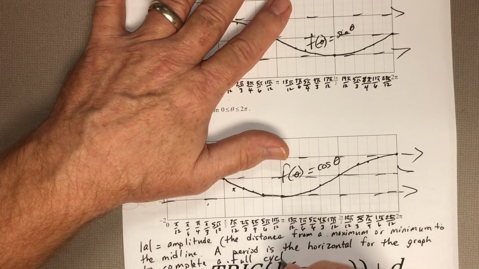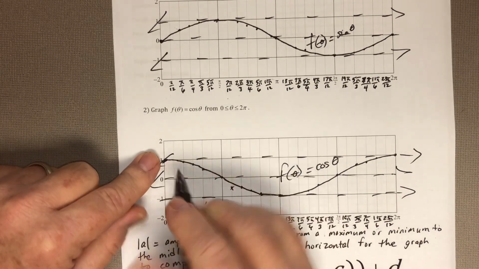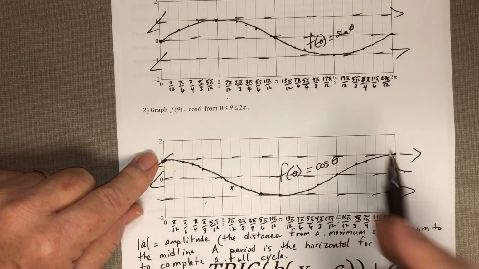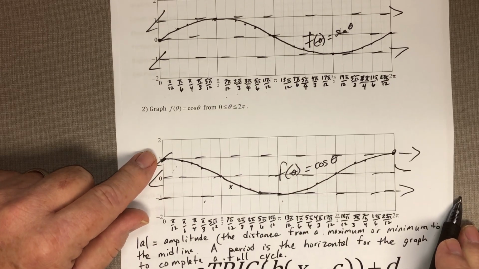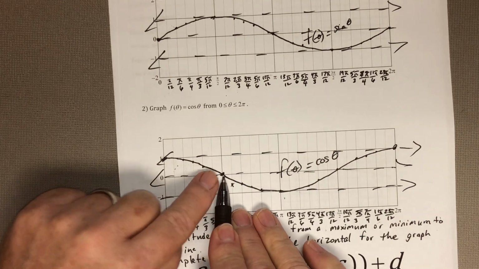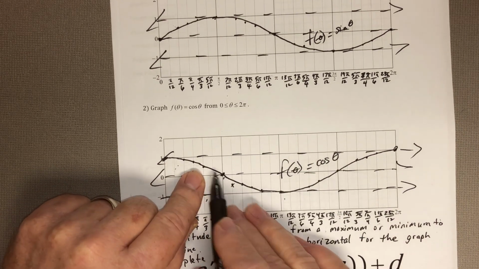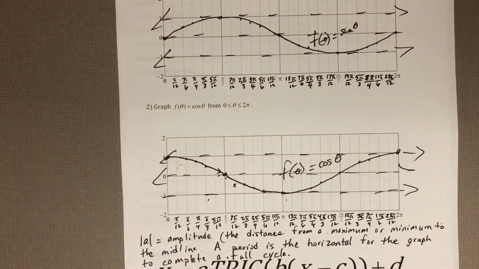Now, you could define a full cycle from one maximum all the way over to another maximum, or from one minimum all the way over to another minimum, or from a midline point. Now notice that it's coming down to another midline point coming down, so you got to be careful about that.